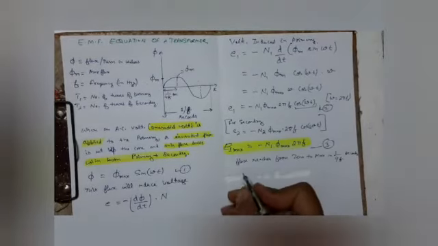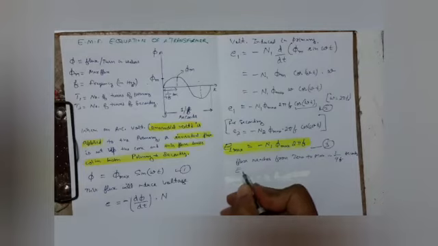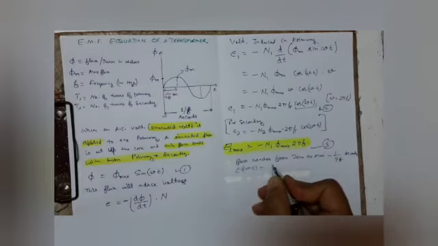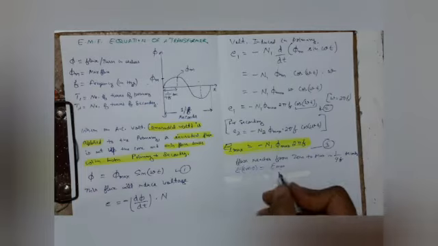Now this RMS value, E RMS, is given by E max divided by root 2.